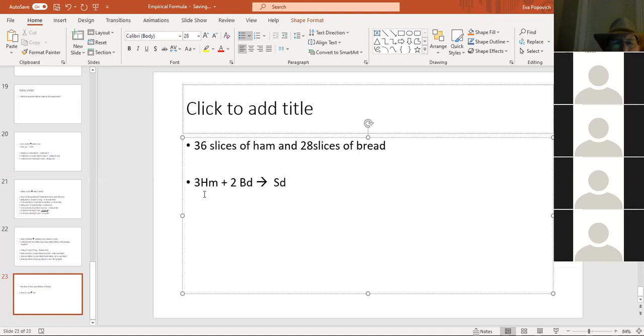How many sandwiches can you make with 3 slices of ham? 12. You're taking the 36 slices times 1 sandwich. Again, look, I am using my coefficients here.